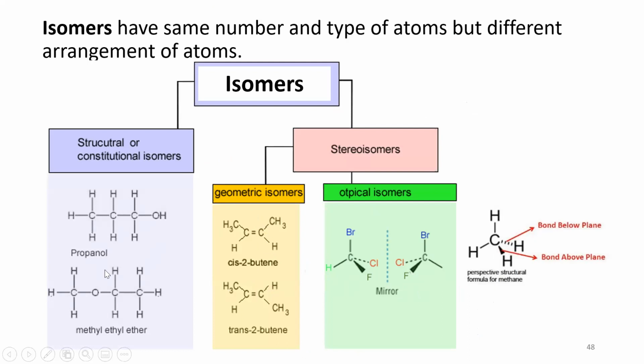Maybe we haven't done the structural isomers so much, but we have done the geometric, which is the trans and cis difference, and the optical, which look like mirror images but are non-superimposable. With this, I want to stop sharing module 1, because we're just doing a very quick review, and we are right in the middle between 2:30 and 3. But if you have any questions, you can let me know.